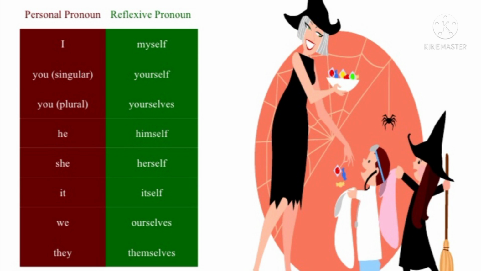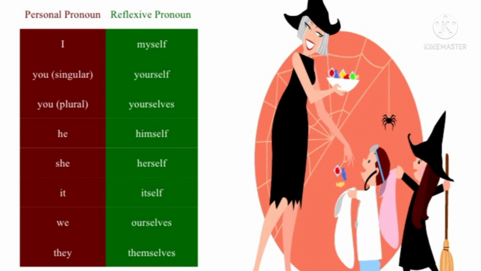Second person singular, yourself, and plural, yourselves. Third person singular, he, himself, she, herself, it, itself, we, ourselves, they, themselves. These are used both as reflexive and emphatic pronouns, but there is a difference in usage. According to the position only the difference comes.